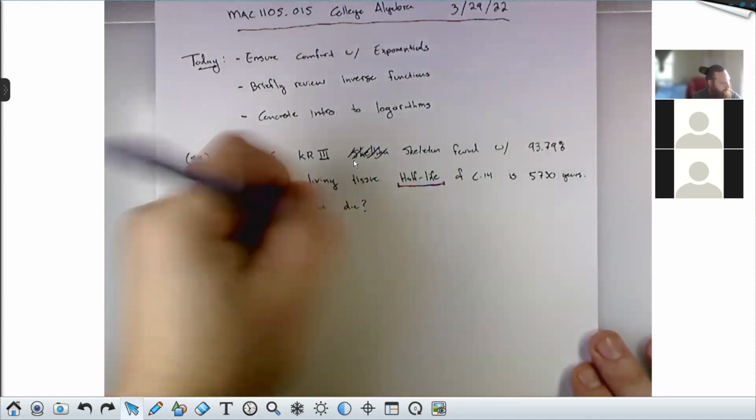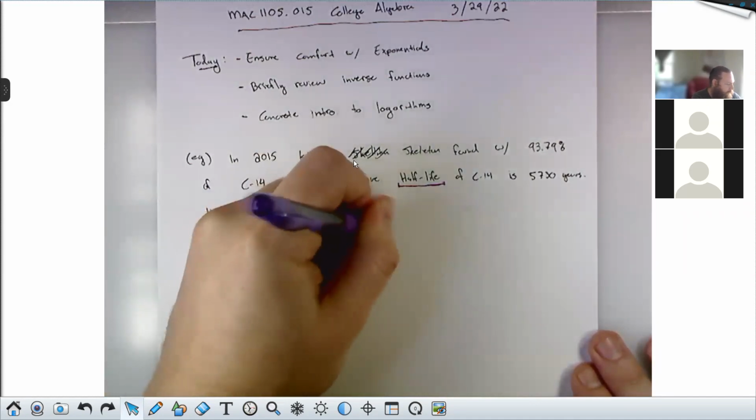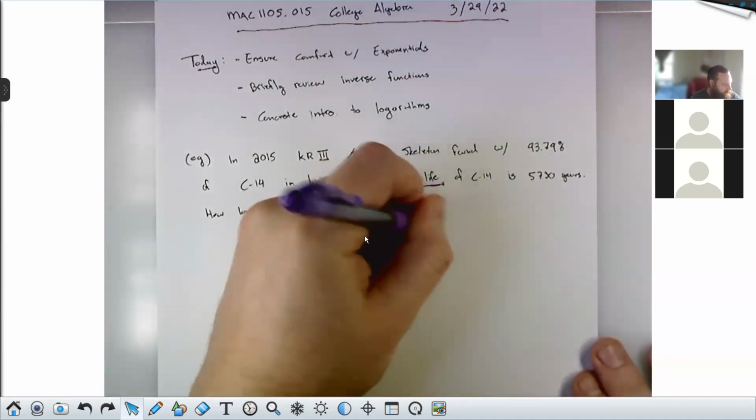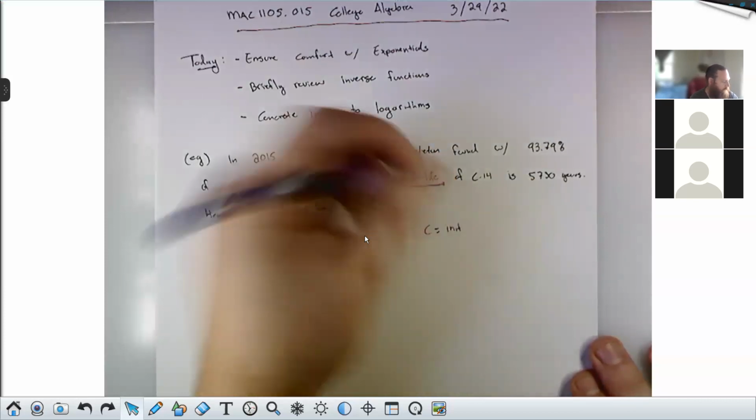So we begin with our half-life formula. You could technically begin with any other exponential function, but beginning with this one where the base is 1/2 is by far the easiest way to set this problem up. Because remember what C and K represent, specifically K. C is the initial amount, and I actually don't know that here. That's not given to us.